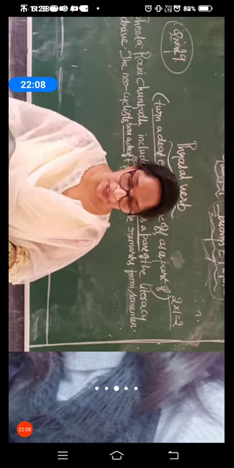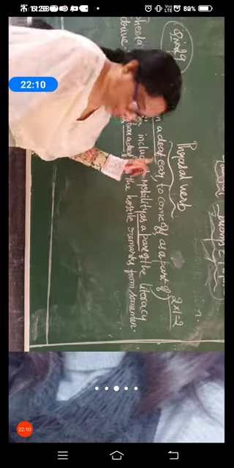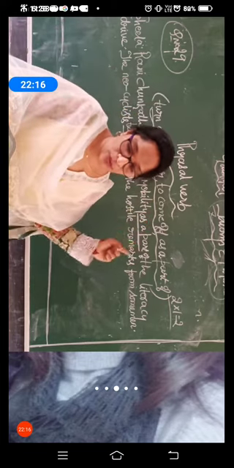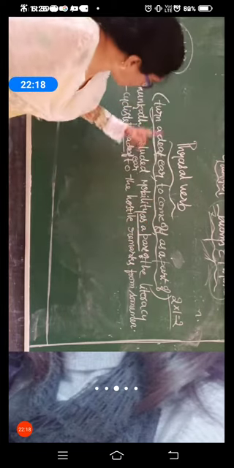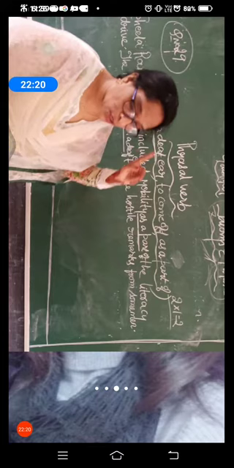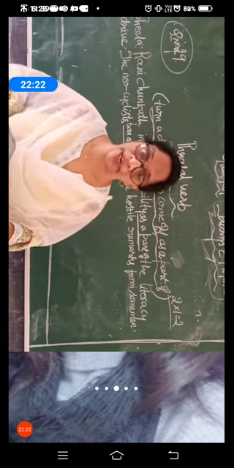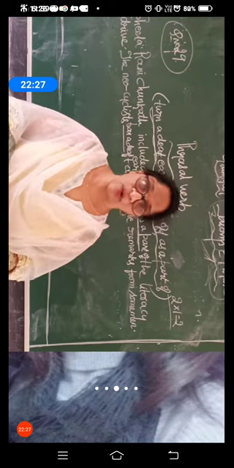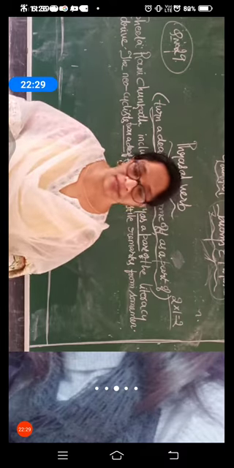Fill in the blanks by choosing the appropriate expression. These are the expressions, means these are the idioms and phrases. Fill in the blanks by choosing the appropriate expressions given in the bracket. So you are going to read that properly and do that properly, and you are going to score very good marks in grammar.